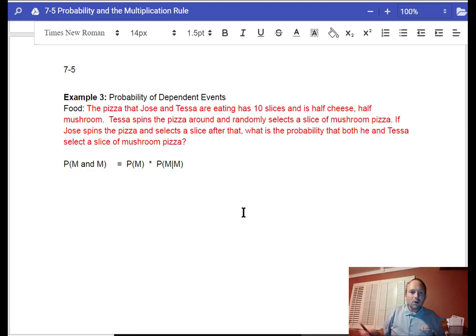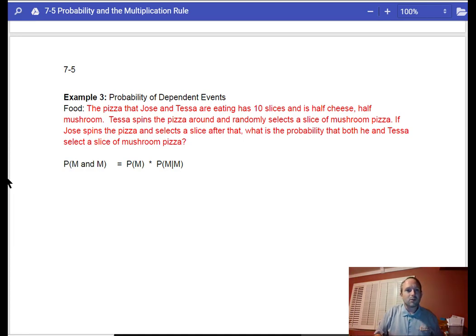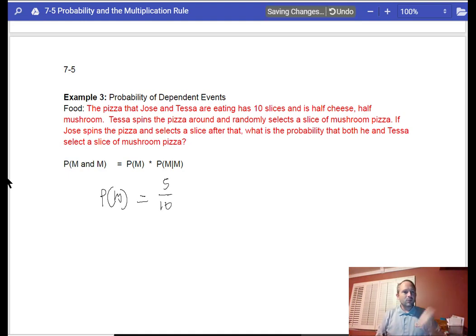Well, the probability of mushroom pizza at the very beginning is going to be 5/10. Now, a mushroom was taken, but also the total has decreased by 1. So the probability of the mushroom after a mushroom has been taken is now 4/9. So now we're still going to have to multiply these out.